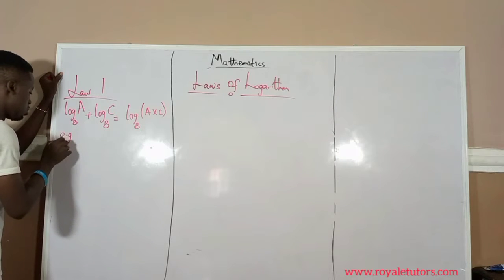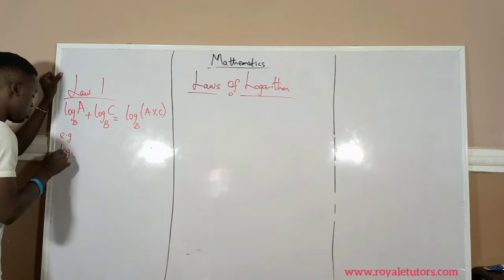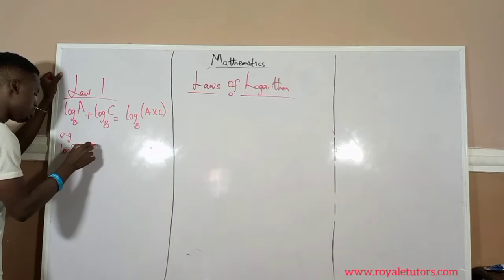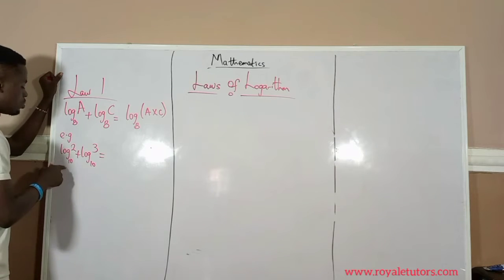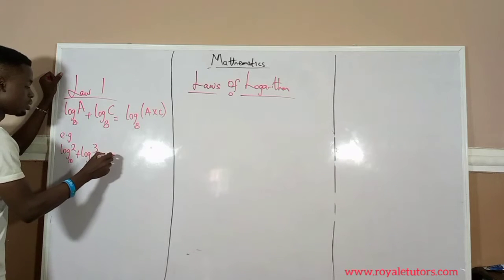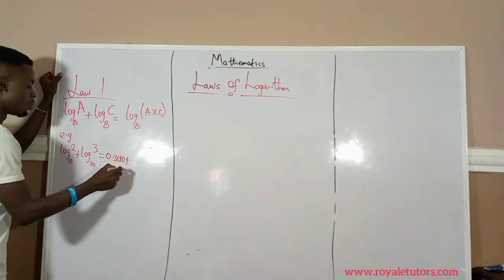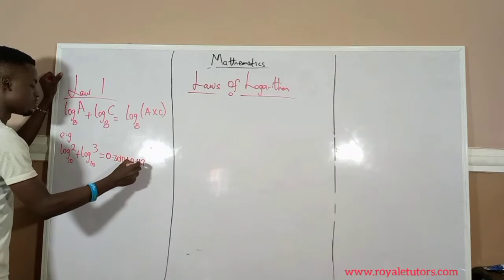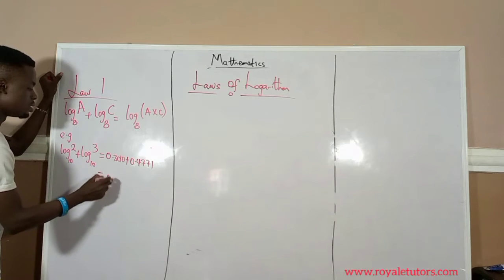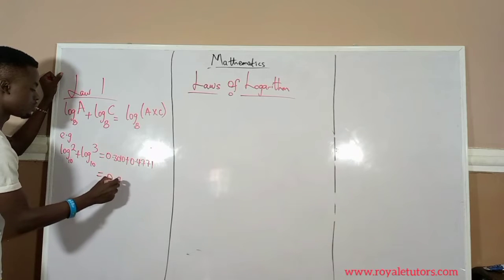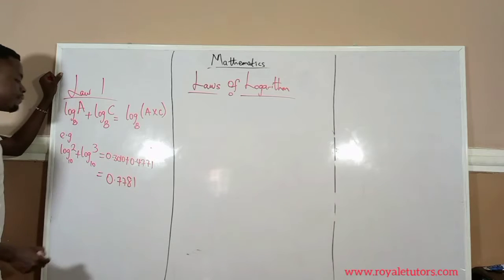For example, if you have log 2 base 10 plus log 3 base 10. Normally, if you use calculator, you observe that log 2 base 10 is 0.3010, while log 3 is 0.4771. So if you add them together, you're going to be getting 0.7781.